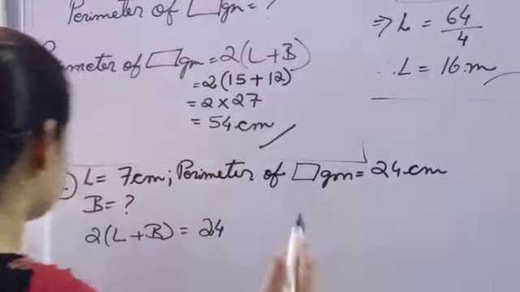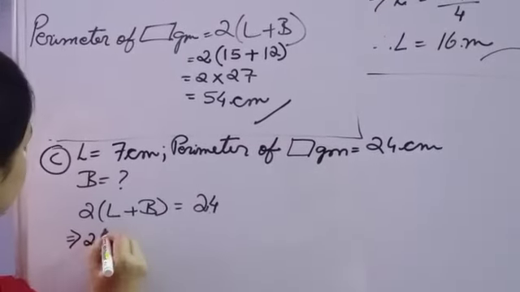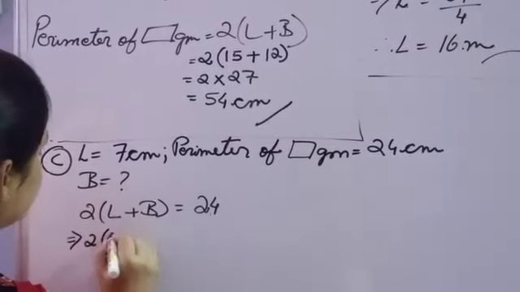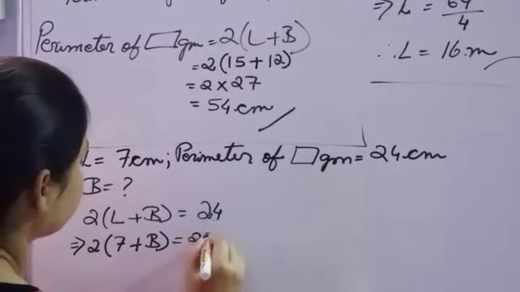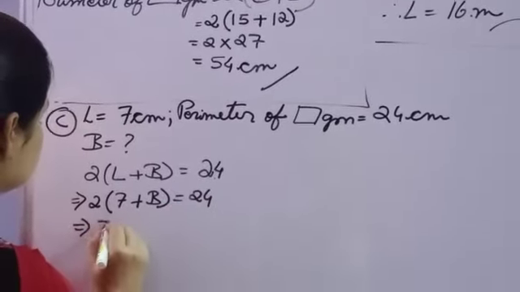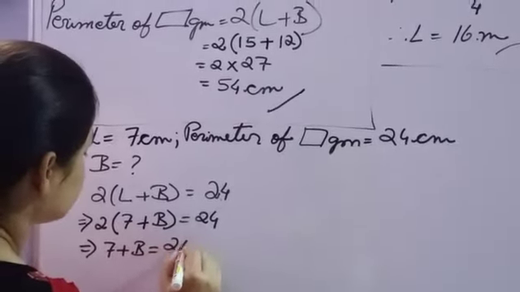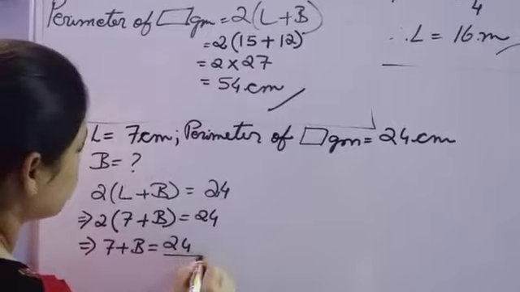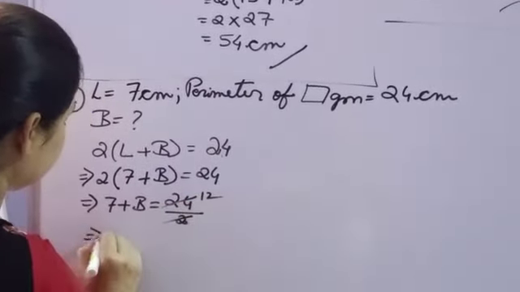Now let us start doing the sum. 2 into (7 plus b), where length is given as 7 and breadth we have to find out. 7 plus b is equal to 24 by 2, since the 2 is transferred as division.